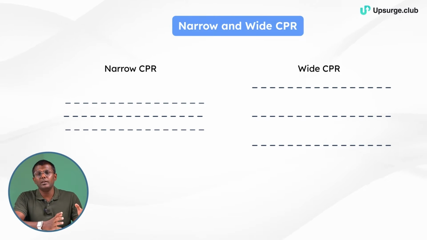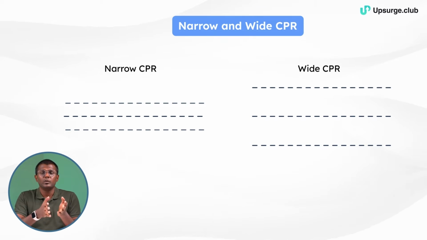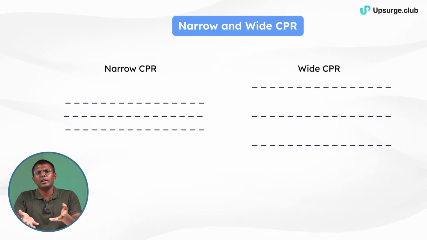So why does a narrow CPR happen? Basically, if the previous day's open, high, low and close values are closer to each other, then today we will get a narrow CPR as per the formula. If the previous day is a range bound day, then today we will get a narrow CPR. And how do we get a wide CPR?